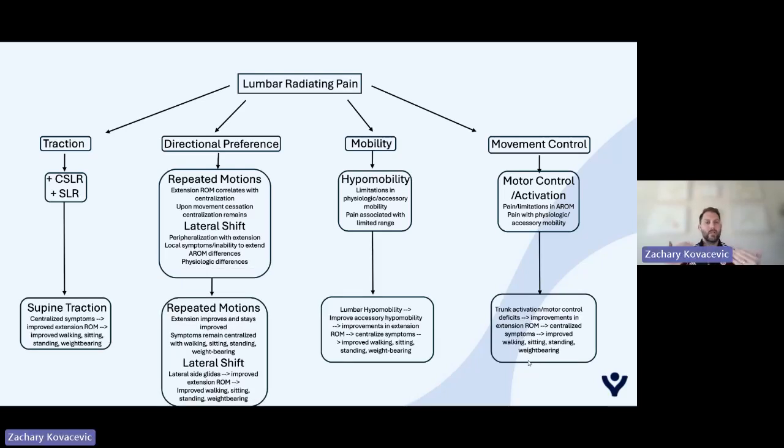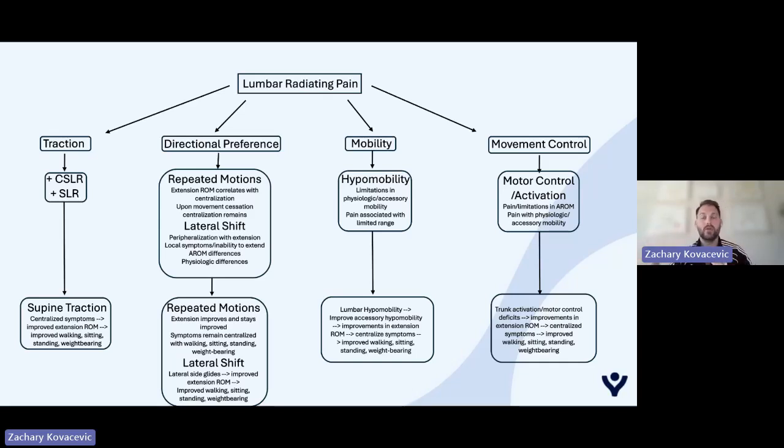Okay, so as we continue further on, the intention with our traction is that we initiate, supine traction is typically the most friendly, it can be in other positions, but we initiate some type of traction to allow for some centralization of symptoms, or an environment where the individual can extend, create some extension motion and further centralize symptoms to improve function, pain, and abilities with the typical deficits that people have with radiating pain, which include pain with walking, prolonged sitting, weight bearing, static standing, and sleeping.